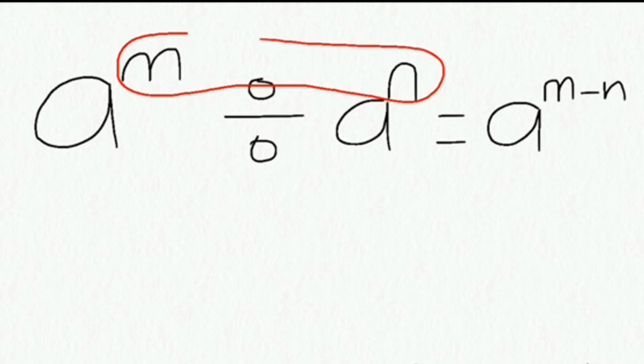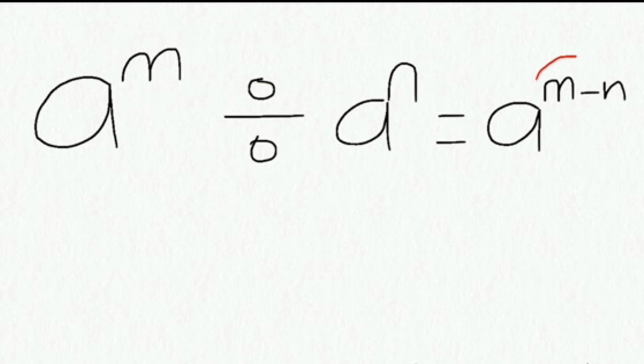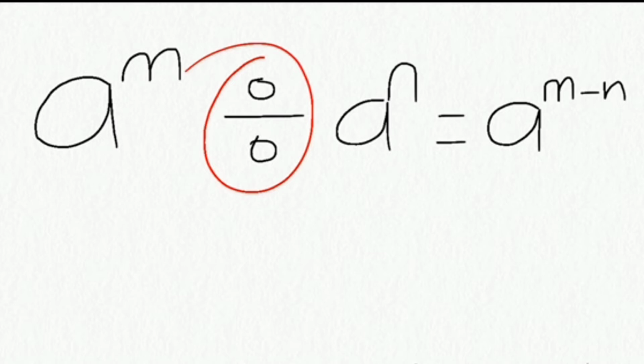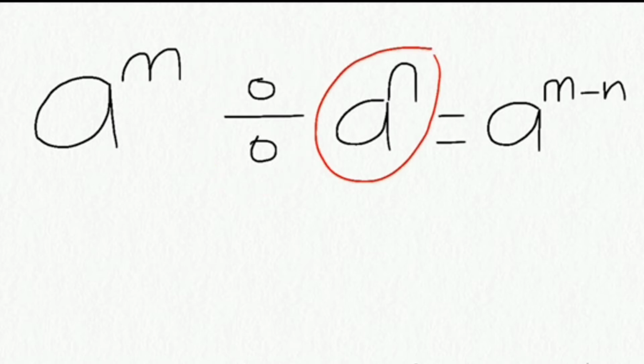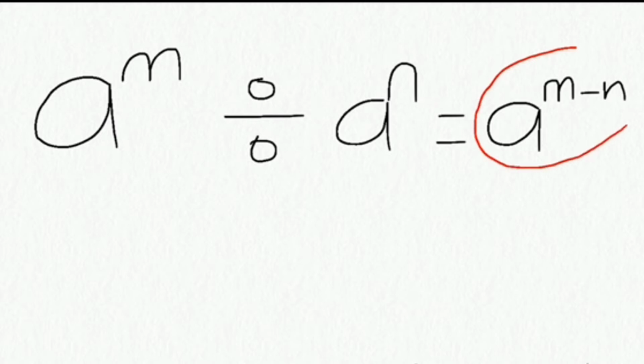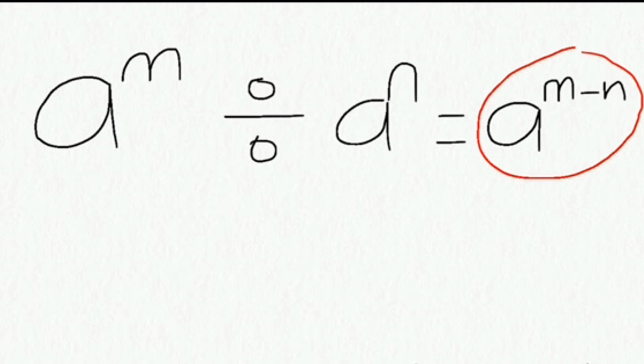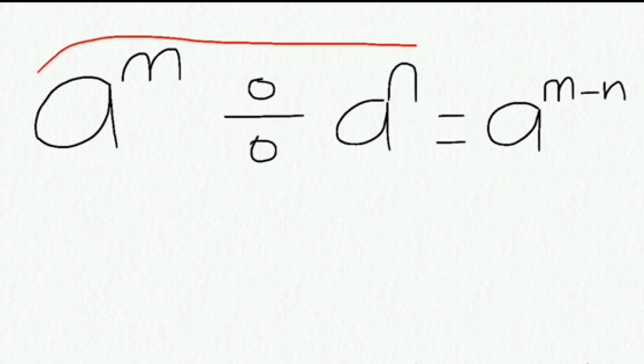The first one minus the second one, like I have written it. You can see that a to power m divided by a to power n can be simplified as a to power m minus n. This one is just the same as a to power m divided by a to power n. The answer is going to be the same.